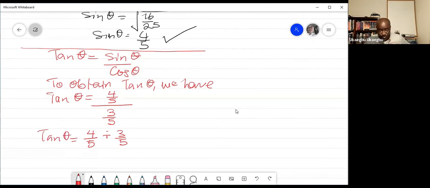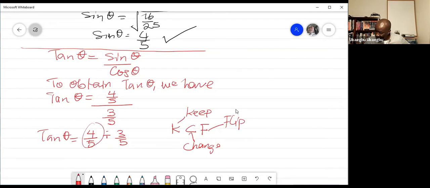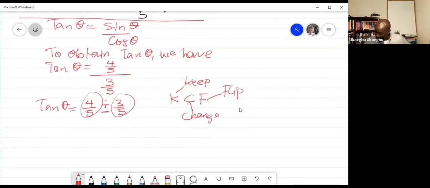And then at this point, we can use keep, change, flip. We keep the first one, we change the second one, and then we flip the third one. So we are going to have 4/5.